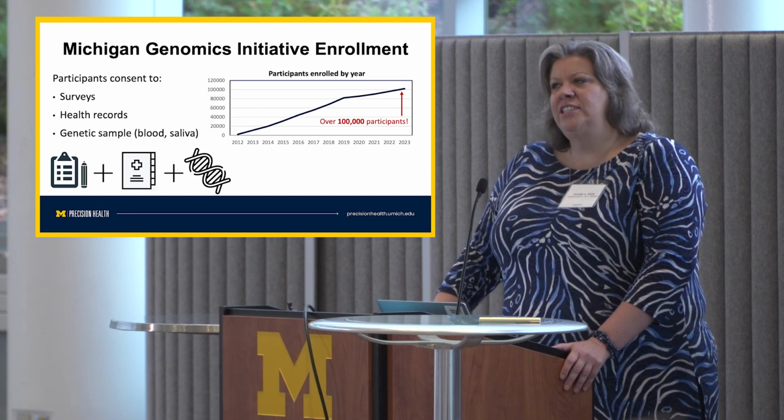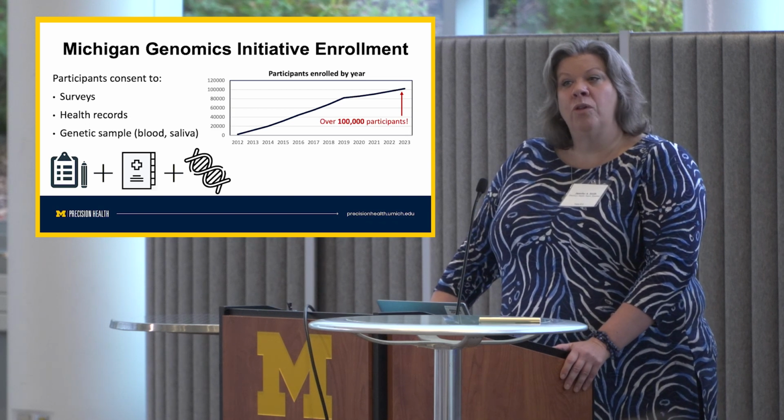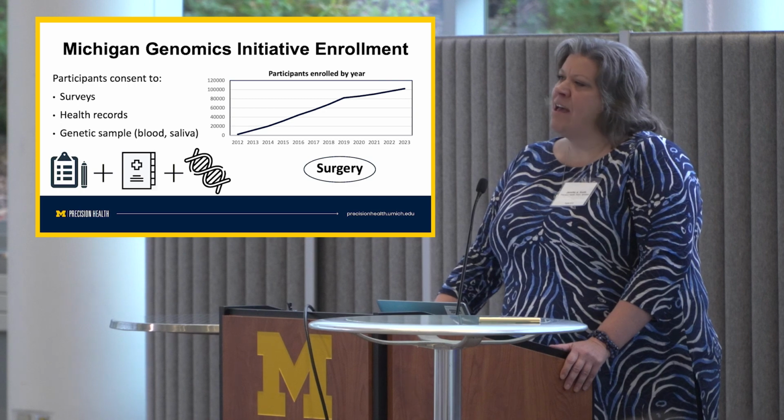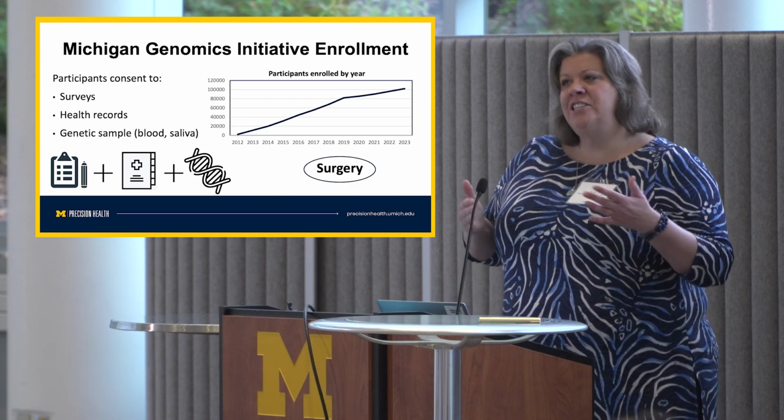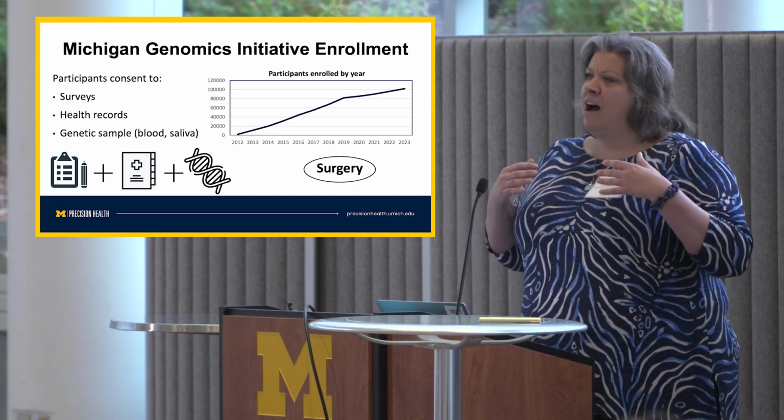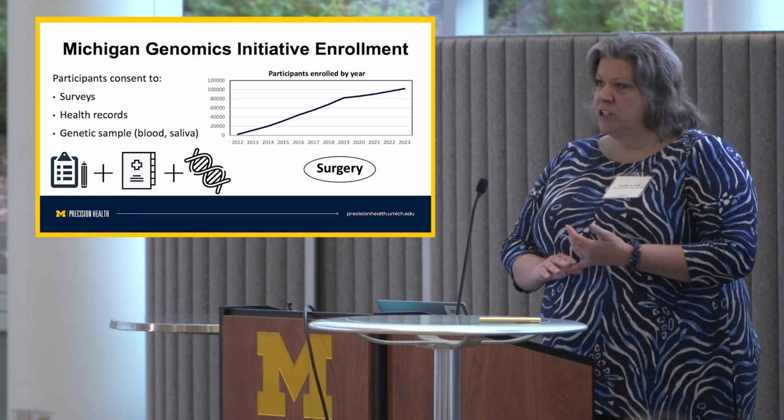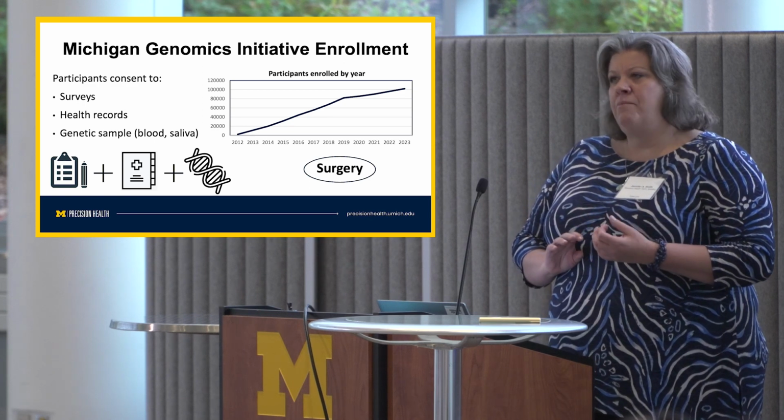MGI actually started with enrolling from our surgery department, and that means that a lot of the participants who were coming in tended to be older, maybe sicker. They tended to have more European ancestry or be self-reported to be white. And they might also have been more affluent than the general Michigan population or the population of the US.